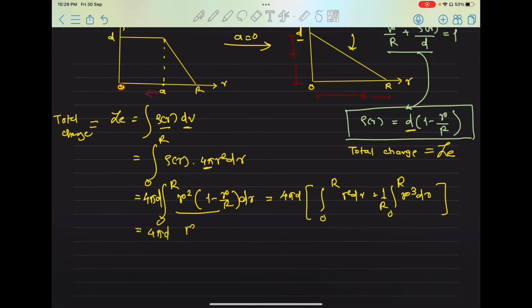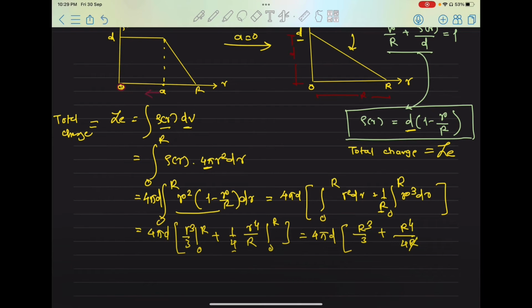The integration of r squared is r cubed by 3 from 0 to R, and the integration of r raised to 3 is nothing but r raised to 4 by 4, and this 1 upon R is over here, and this is also from 0 to R. So finally we will get 4 pi small d times (R cubed by 3 plus R raised to 4 by 4R), and we know this R will get cancelled with one of the R, and so we will have R cubed by 4.